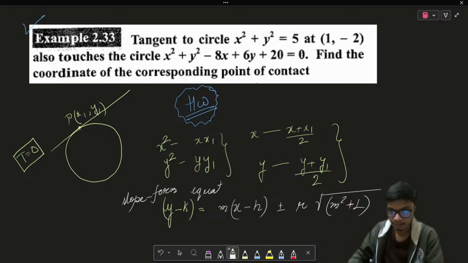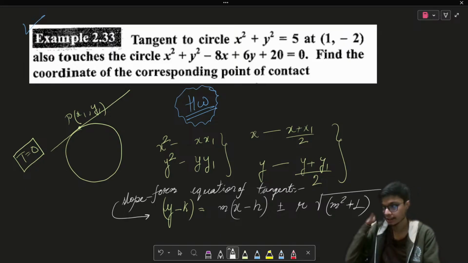This is the slope form equation of tangent that we saw in the last class, for any given circle whose center is h comma k and radius is r. This is where we finished our discussion of the last class.